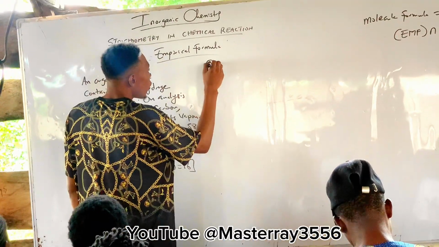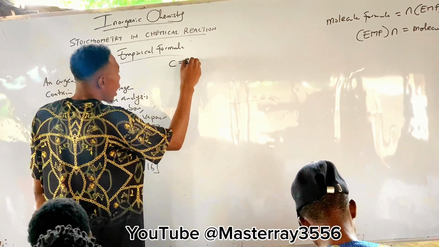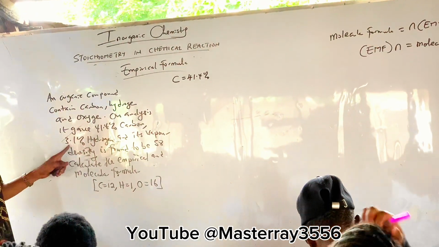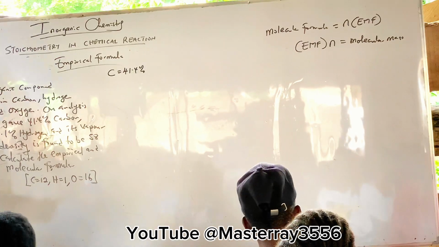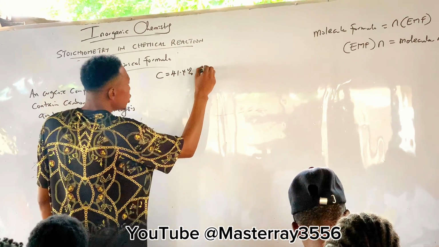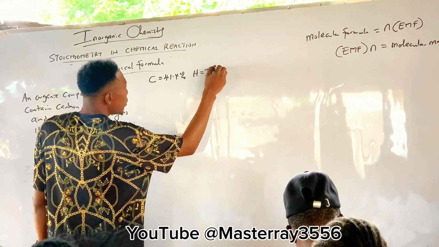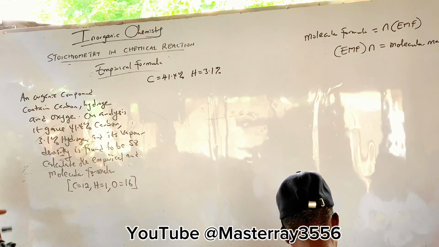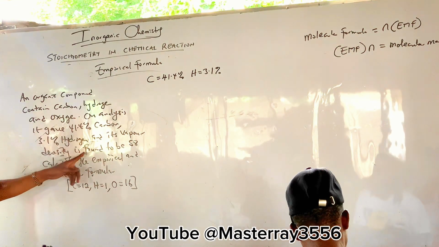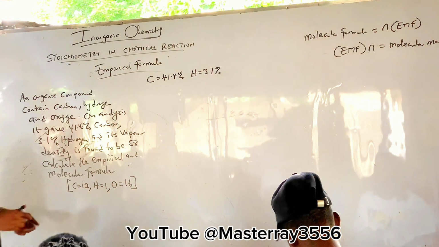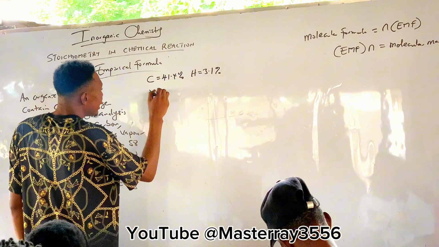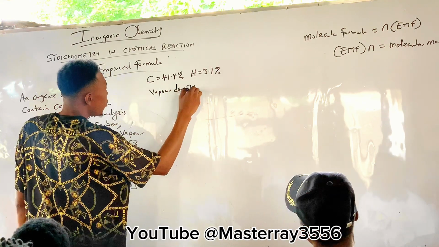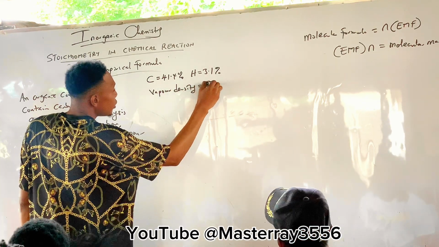We are given the percentage of carbon to be 41.4%, and 3.1% hydrogen. We are given the percentage of hydrogen to be 3.1%. Then we are told that its vapor density is found to be 58. Here we are given vapor density.